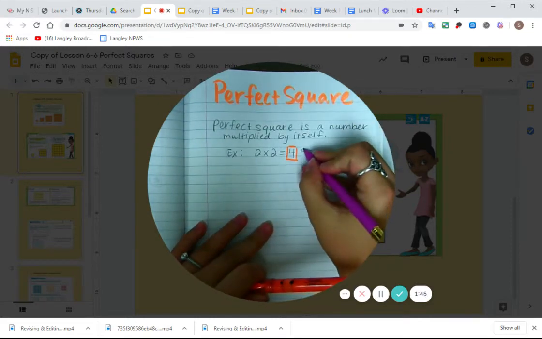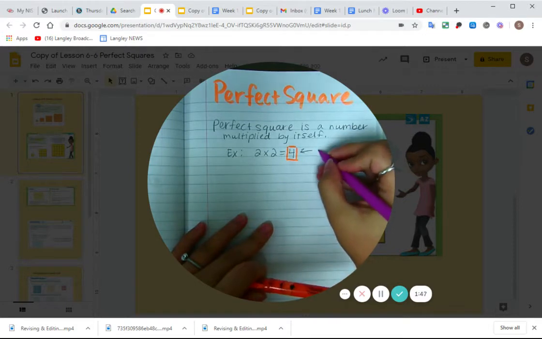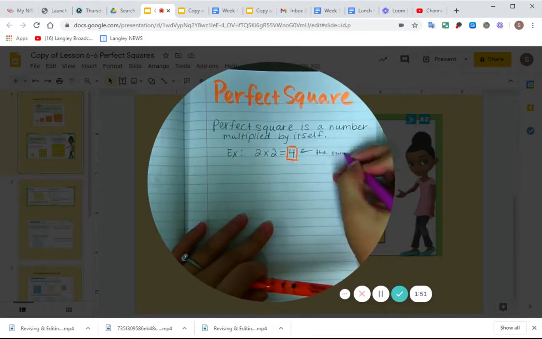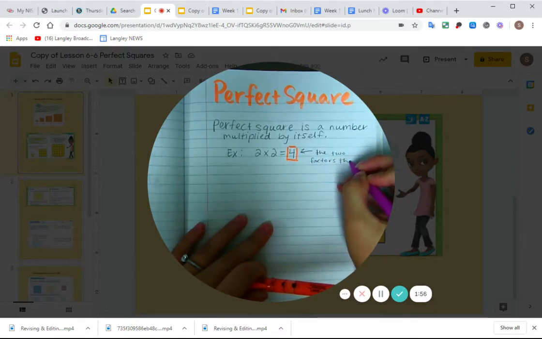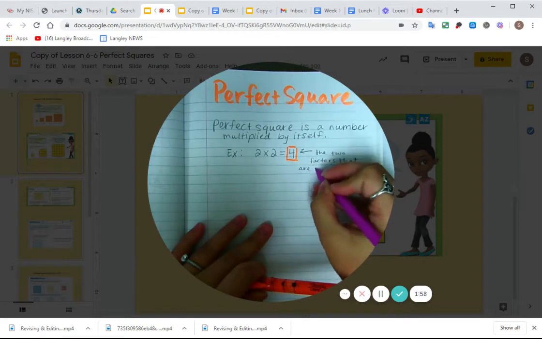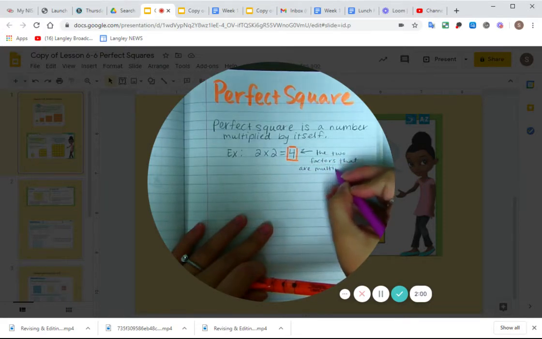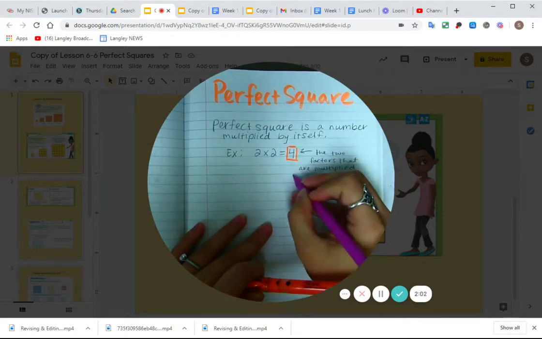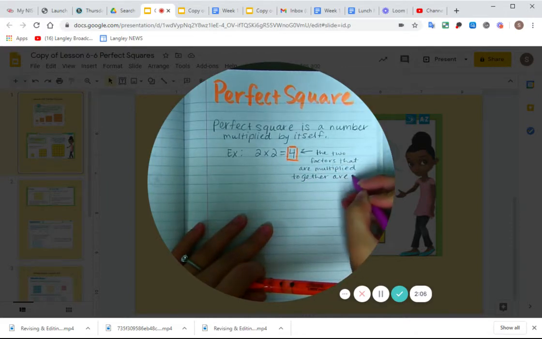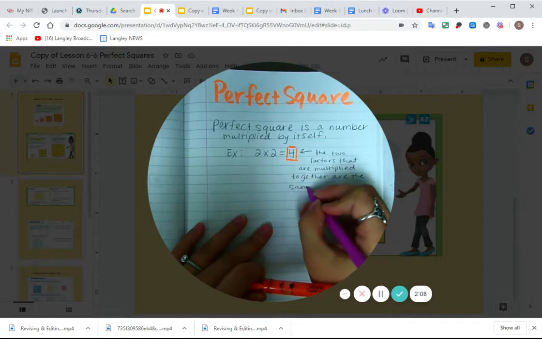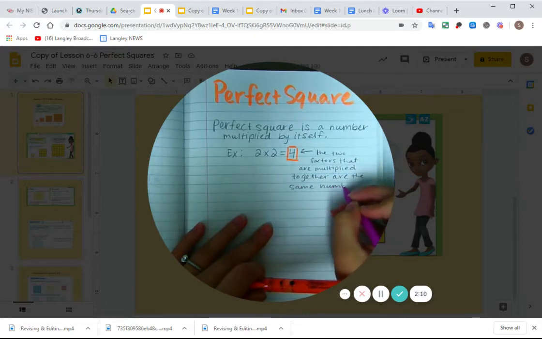4 is a perfect square because the two factors that are multiplied together are the same number.